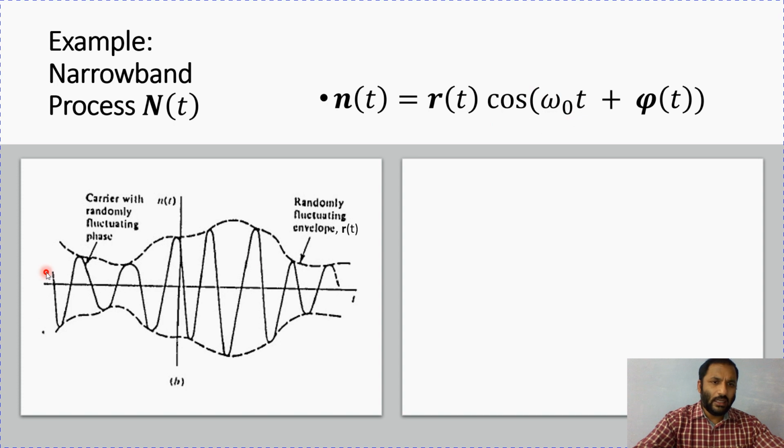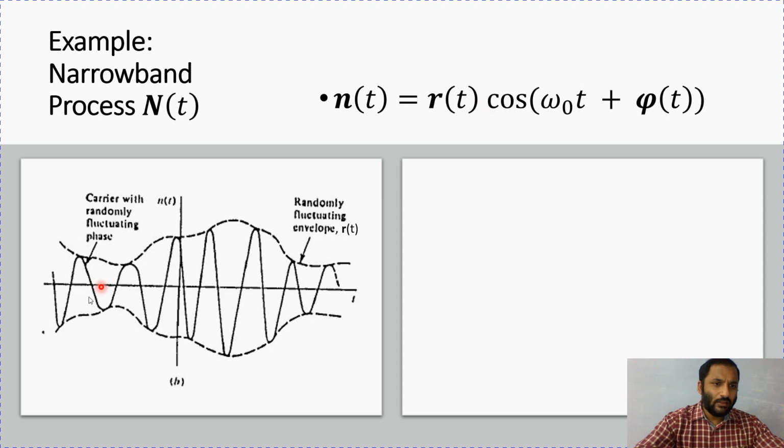In this diagram you can see the high frequency cosine signal, having differing phases at different times, that means the phase is also fluctuating for this signal, and its amplitude is modulated by the function r of t, or r of t is sometimes called the message signal.